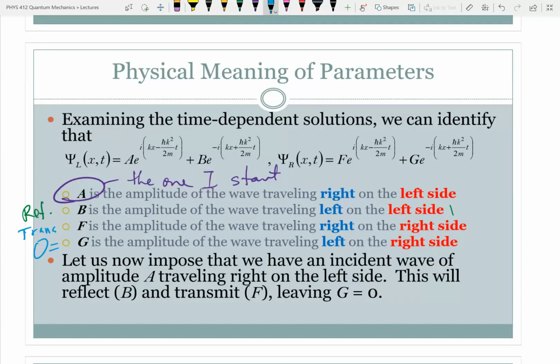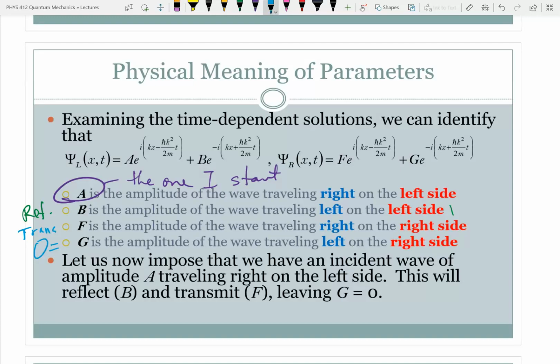So what I've done is I've taken this solution, said, let's look at a particular case. Right? This isn't the general case. It's looking at a particular case. What have I done by doing this? Well, I've made one my independent amplitude, and then I have two dependent amplitudes, the one for reflection, the one for transmission.